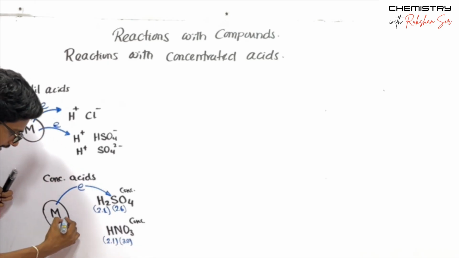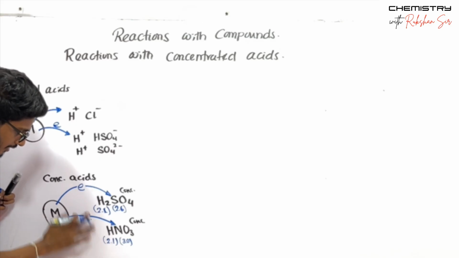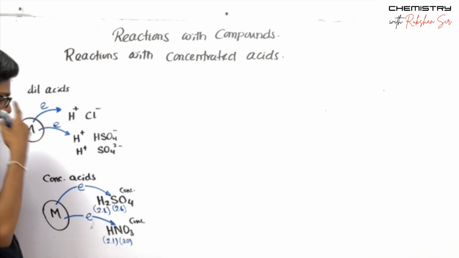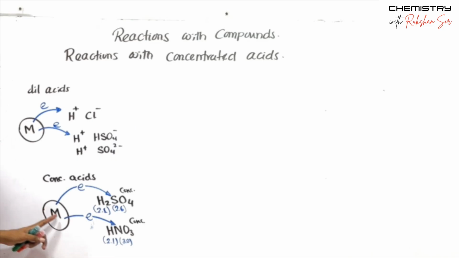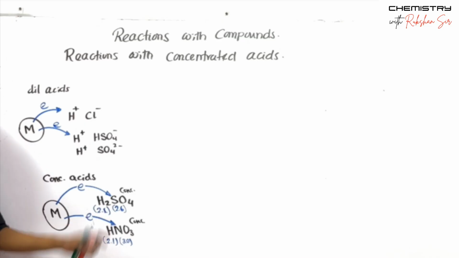So nitrogen is the one to accept the electrons and get reduced, not the hydrogen. So with conc acids, while the S block metal oxidizes and forms the salt, the sulfur and the nitrogen of conc sulfuric and conc nitric will get reduced, not the H plus from there.